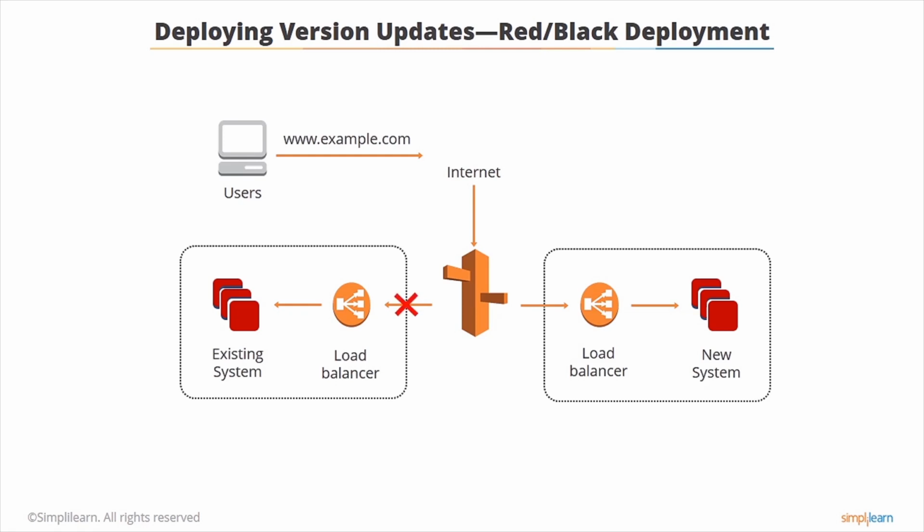The system is now in red-black mode. The old system is no longer receiving requests, and all new traffic is going to the new system. The black system is kept up and running while existing connections are completed to ensure that the red system is operating without incident. Engineers can bring the black system online if required.